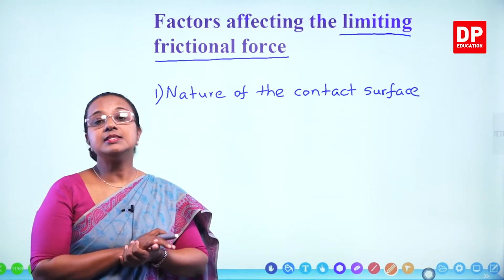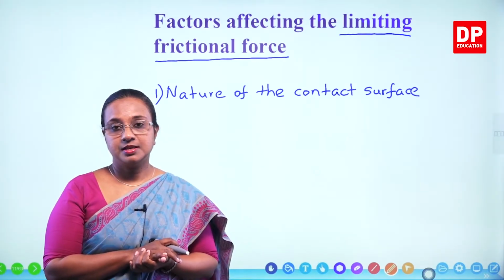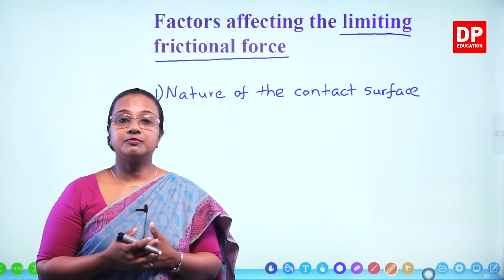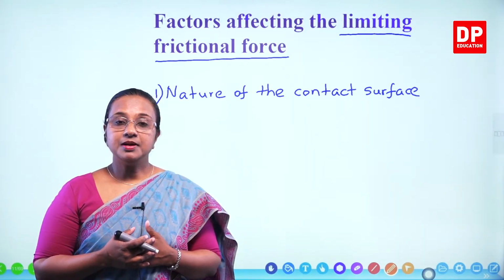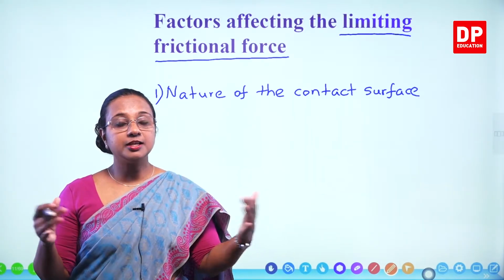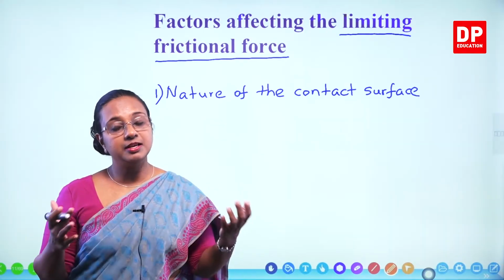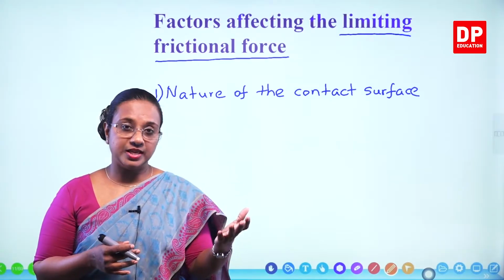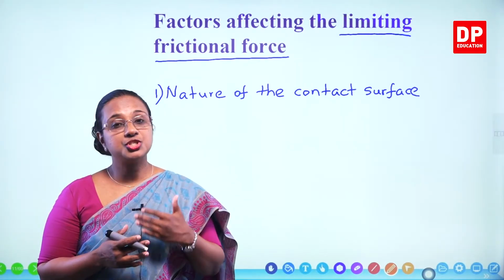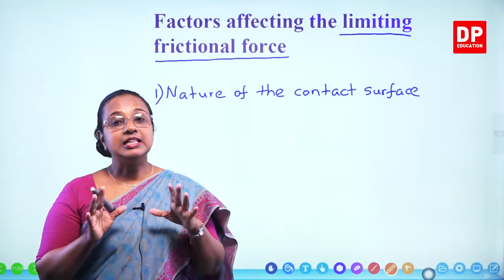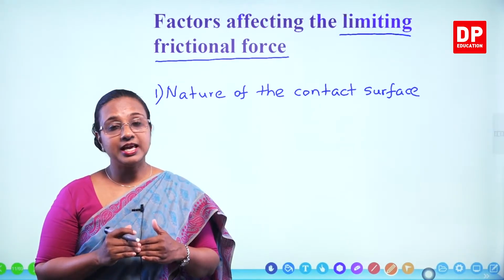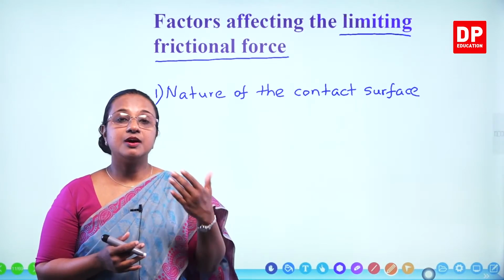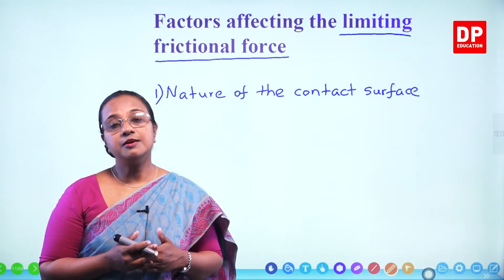Then because it is the contact surface, if it's a small object, the frictional force can be one type. If it is a large object, the frictional force can be a different type. That is what we expect to see. So let us also check whether the cross-sectional area or the area of the contact surface affects the frictional force.